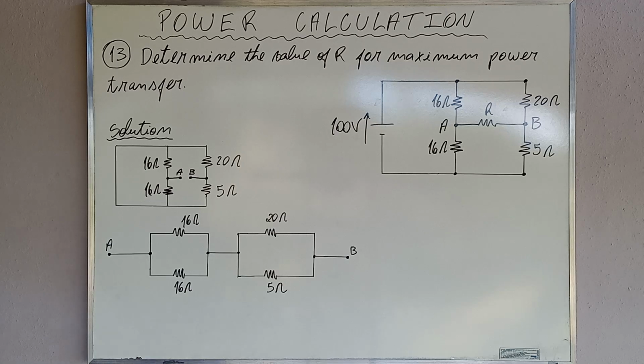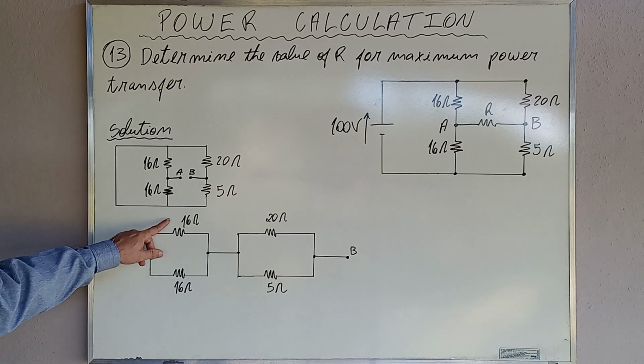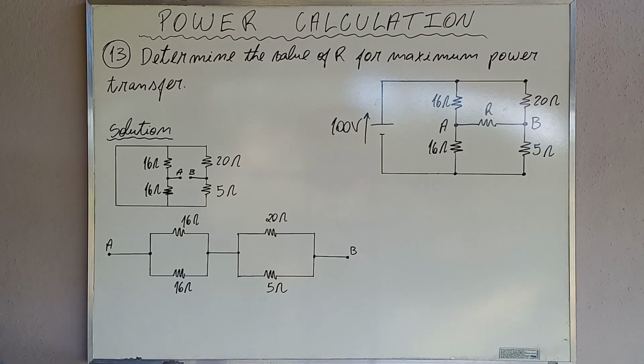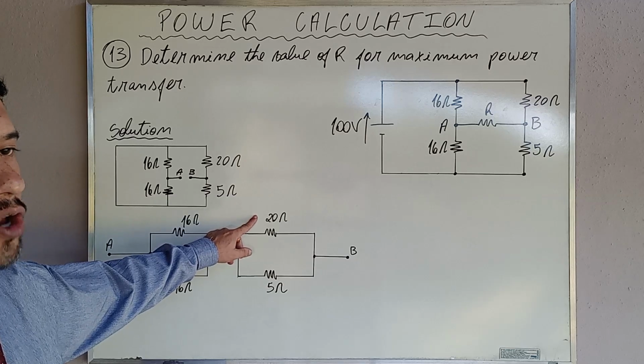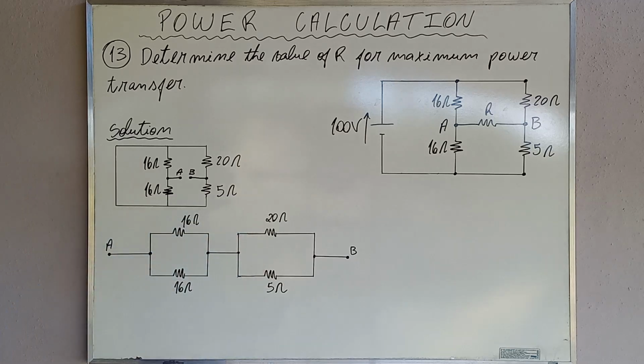Observe that the equivalent resistance is the parallel combination between two 16 ohms resistances and the parallel combination between a 20 ohms resistance and a 5 ohms resistance.